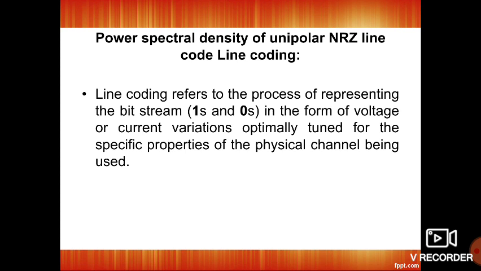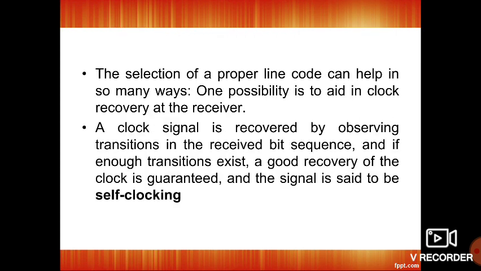Line coding refers to the process of presenting the bits, zeros and ones, in the form of voltage or current variations, noticed as plus 12 volts or plus 5 volts. The selection of a proper line code can help in many ways. One possibility of error is the clock recovery at the receiver.